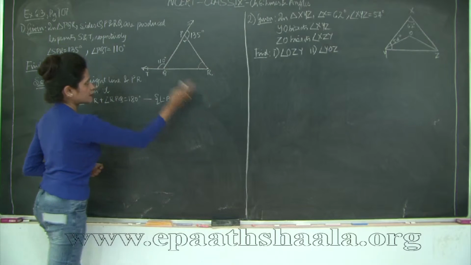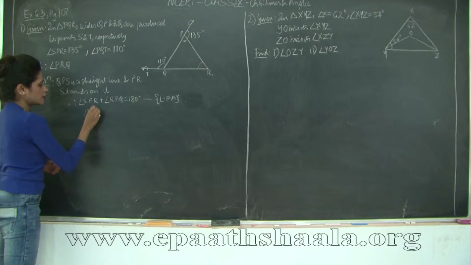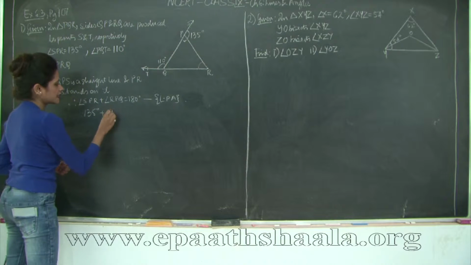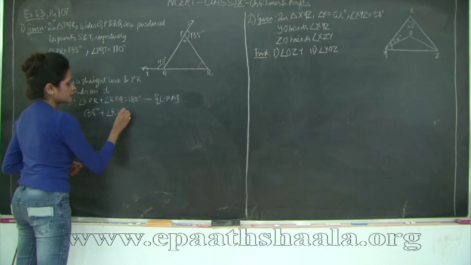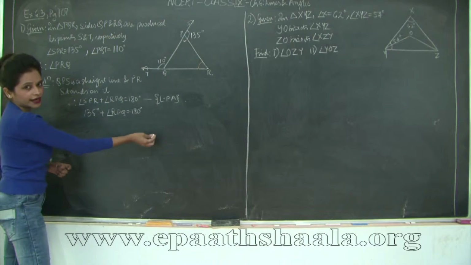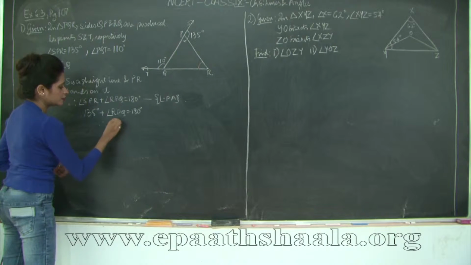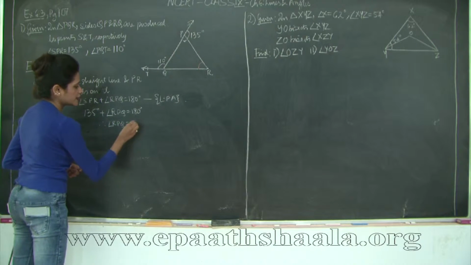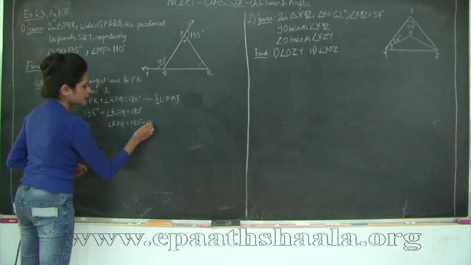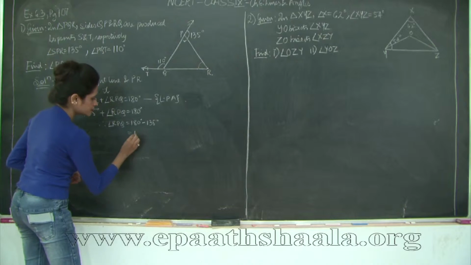Let's substitute the values. We've been given that SPR is 135 degrees. So 135 degrees plus angle RPQ is equal to 180 degrees. Correct? Bring your 135 to the right hand side, it becomes negative. Therefore, I have angle RPQ is equal to 180 degrees minus 135 degrees.